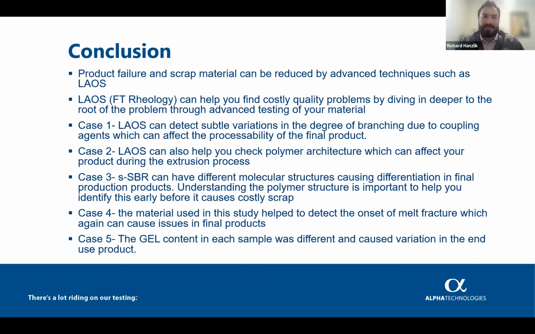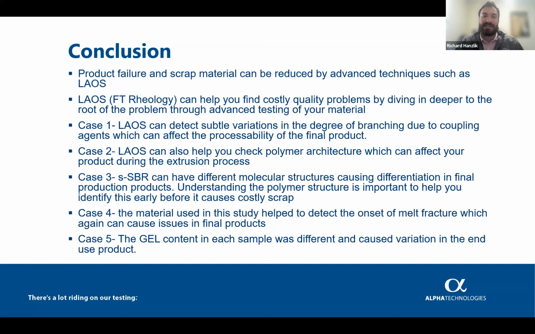So to wrap all of these back up, we know that product failure and scrap of material can be reduced by using these advanced techniques such as LAOS. We also talked a little bit about time sweeps and frequency sweeps. These can be used as well. LAOS, the FT-Rheology, can help you find costly quality problems by giving you a deeper dive into the root of the problem.